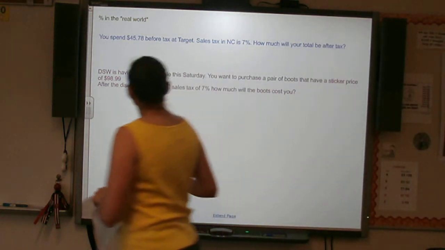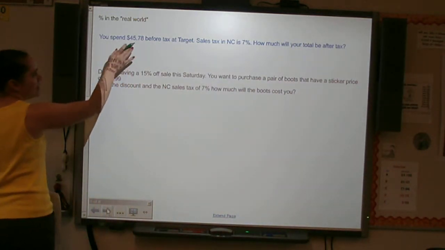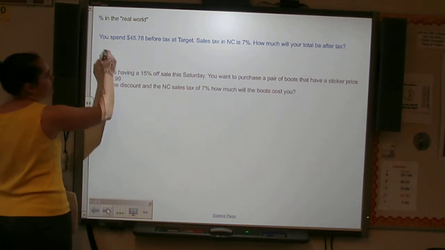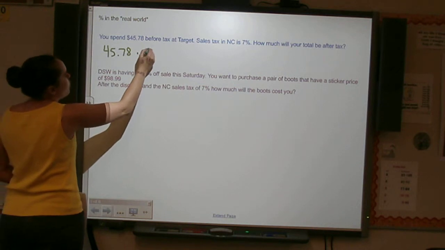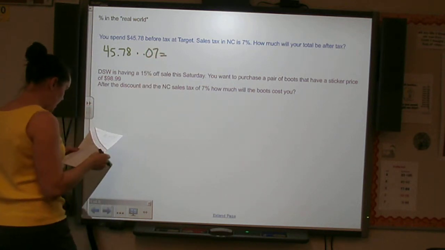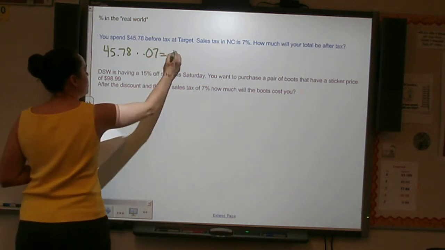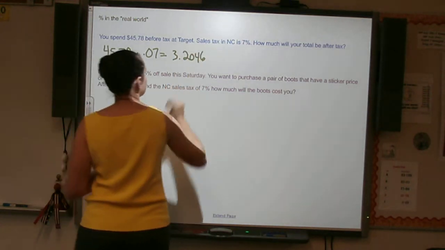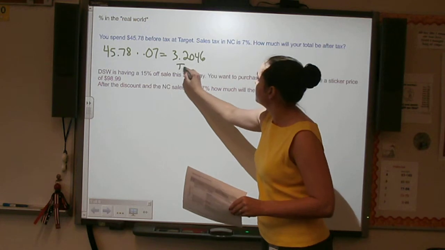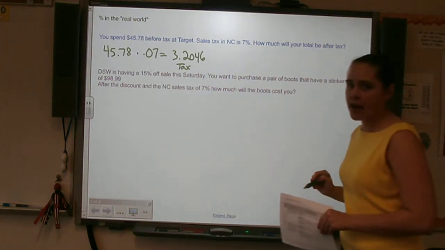For this first question, I first need to determine what is 7% of 45.78. So 45.78 times 0.07 is equal to 3.2046. So this is the tax on my 45.78.